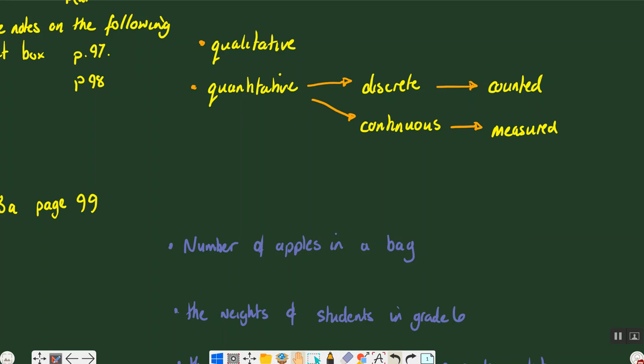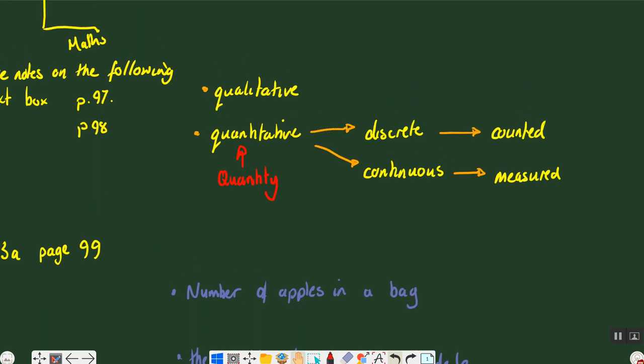Could you maybe give me an example or other words that link in with qualitative and quantitative that might help you remember? I just remember that quantitative has quantity in it. Yes, I like that. So that would be a quantity.